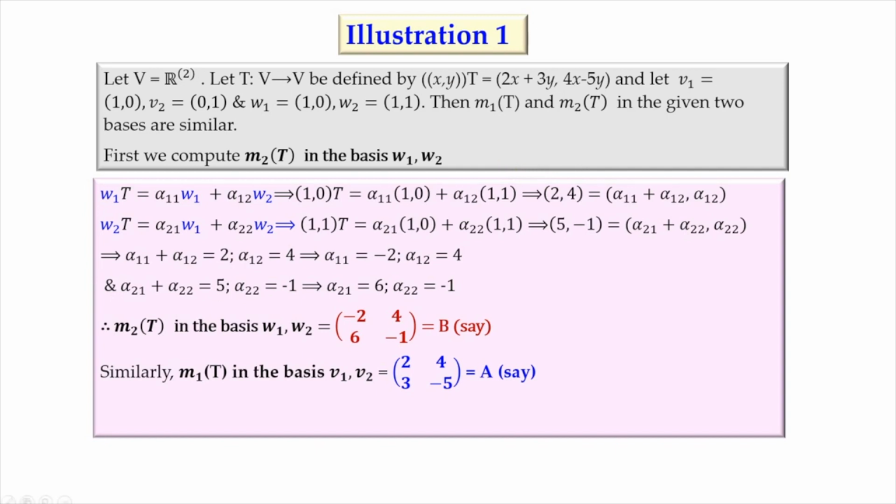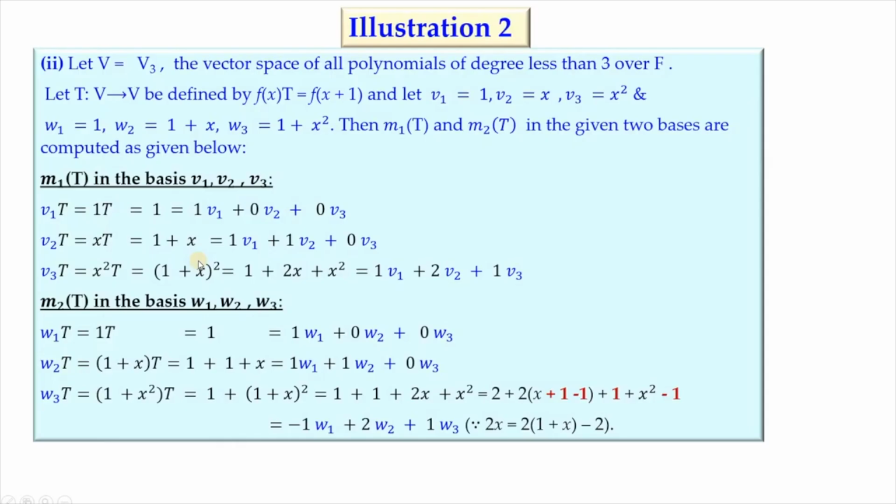So we have the first row entries to be 2 and 4, and in the same way we can compute the second row, and we get 3 and minus 5. If we name the first matrix as B and the second matrix as A, then by the previous theorem we have to have these two to be similar matrices.